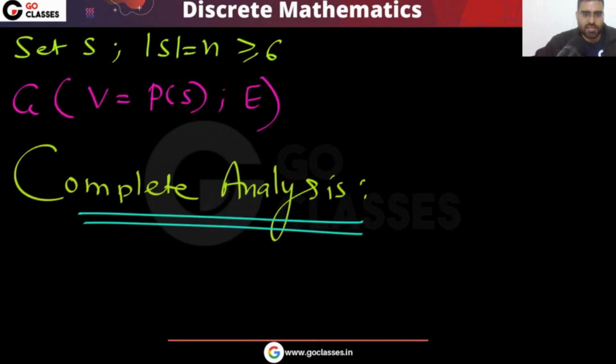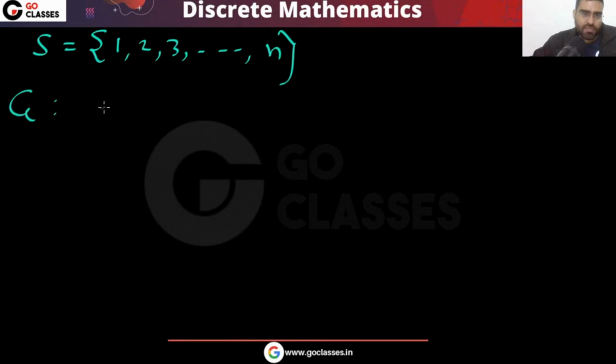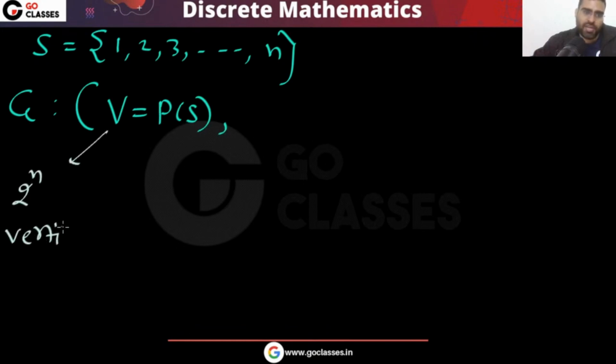Just understand. So you have this set. In this set, you have total n elements. You are creating a graph. In this graph, the set of vertices is the power set of S. So you have total 2 power n vertices, and there are some edges.